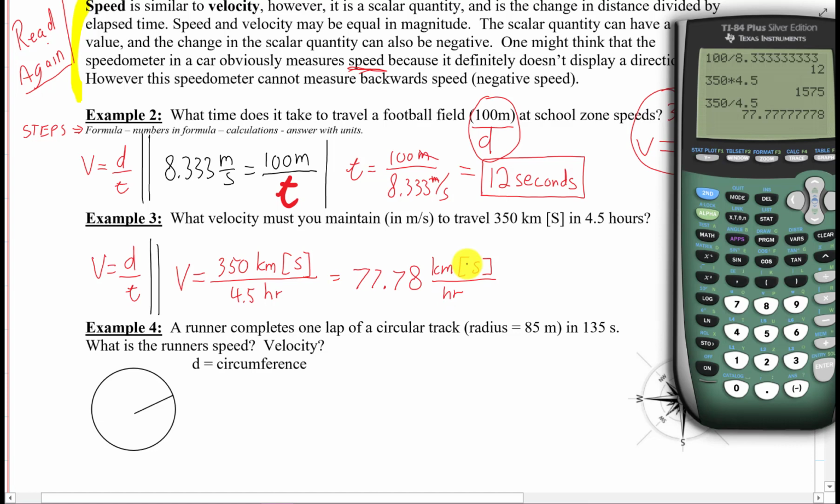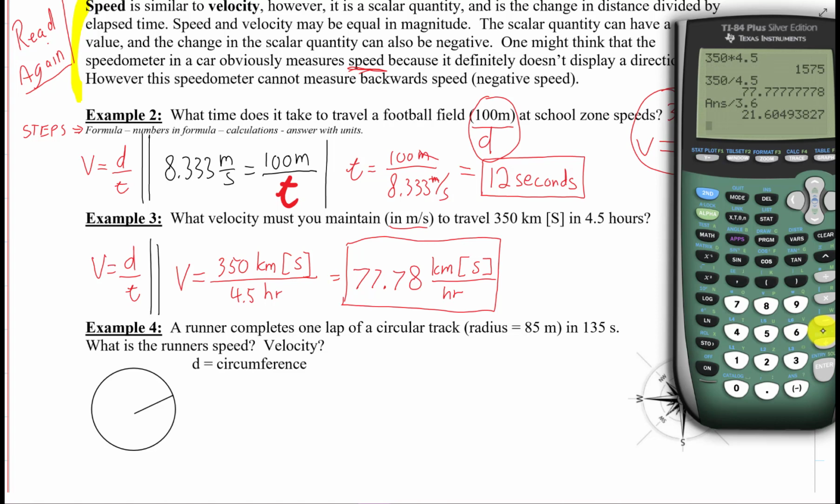So the answer is 77.78 kilometers per hour. That is the right answer. It's not in the right units, though. They want it in meters per second. So through a conversion, which I'll show you again tomorrow, as I promised, I'm just going to divide this by 3.6 without showing the steps right now.